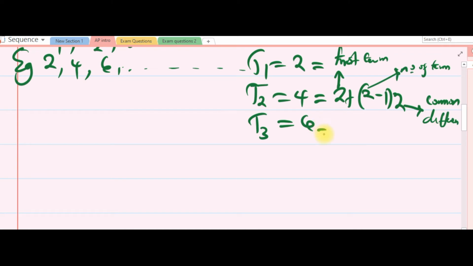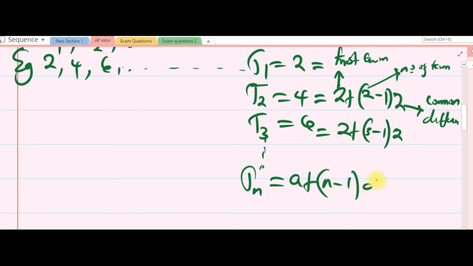Let's check for 6. 2 is always there, and what is here is 3. So 3 minus 1, and the common difference is always 2. It's correct also because 3 minus 1 is 2, 2 times 2 is 4, and 4 plus 2 is 6. So generally, if you are looking for any nth term, it's always A, the first term, plus (n minus 1) d.